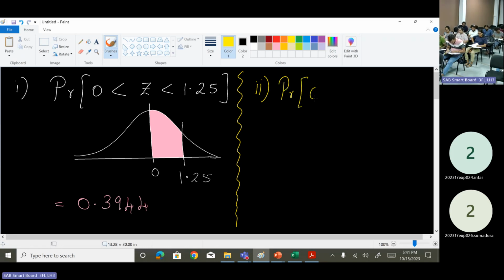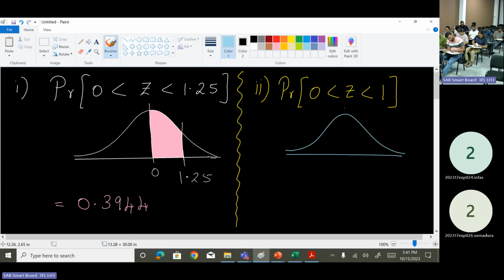Next: probability 0 less than Z less than 1. Z variable, so we can draw the Z scale sketch. On the Z scale, 0 comes in the middle, already marked. We have to mark positive 1, so it will be somewhere here.